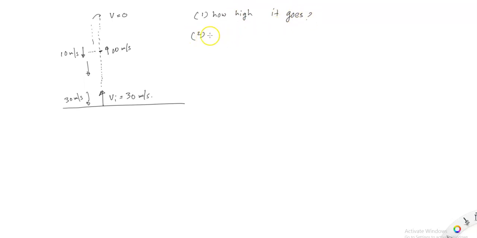Number 2, how much time it takes to reach the top. Question number 3, how much time it takes to come back. This little comma sign means I'm repeating the same words.